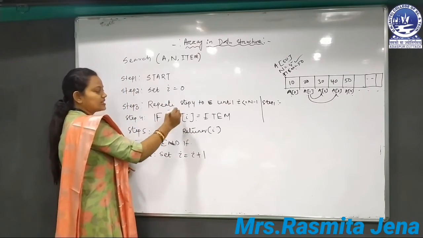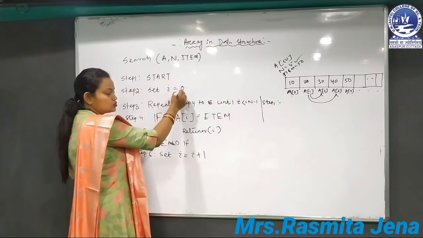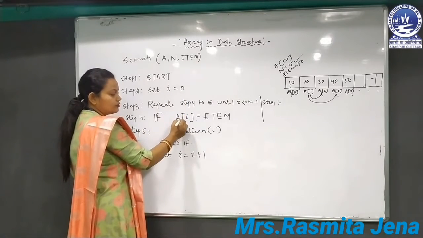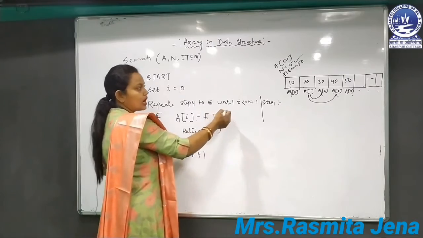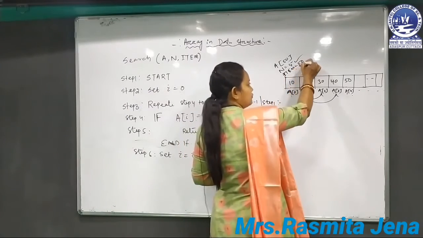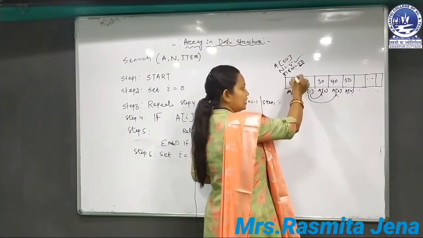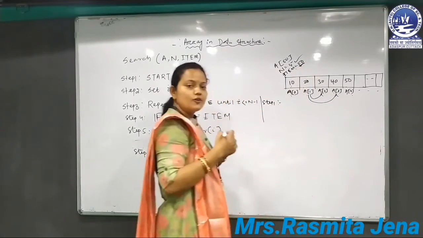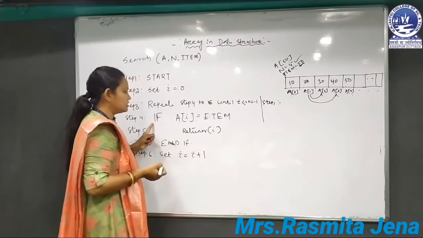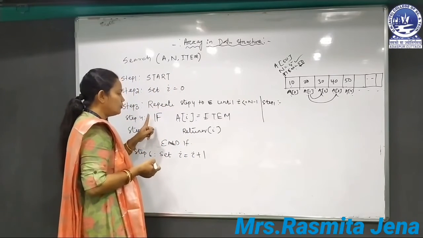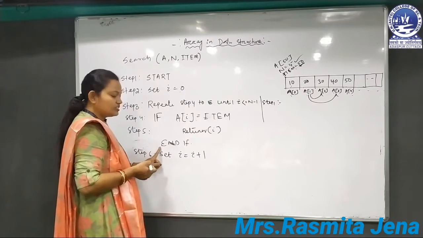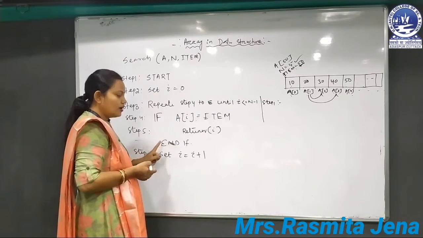Initially if I equals 0, then we check A of 0 equals item. Our item value is 50, and A of 0 contains 10. So 10 equals 50 is false, and whenever this condition is false, we go from if to end if.